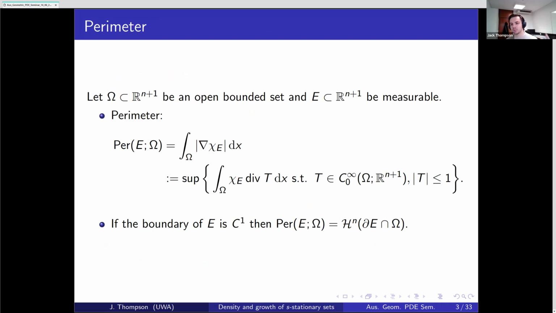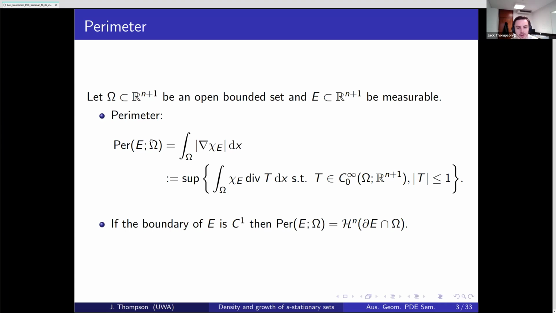What's outside is boundary data, and it doesn't come into play when you calculate this perimeter. So when you vary, you only vary in omega. Okay, so you've got some horribly looking set, and you're only varying it within omega.